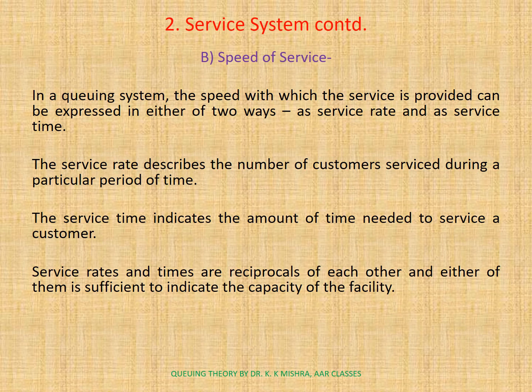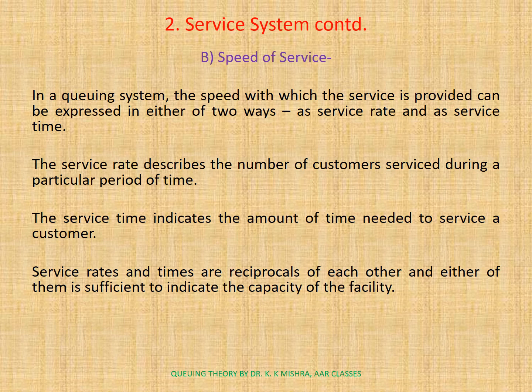Now we'll talk about the speed of service. In a queuing system, the speed with which the service is provided can be expressed in either of two ways. One, the service rate, and another one, the service time. The service rate describes the number of customers serviced during a particular period of time.